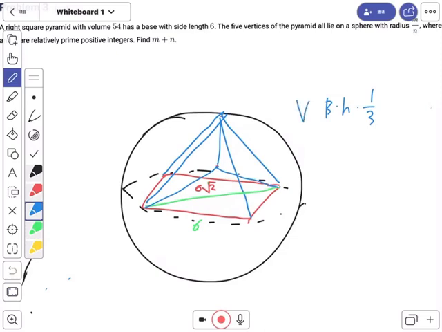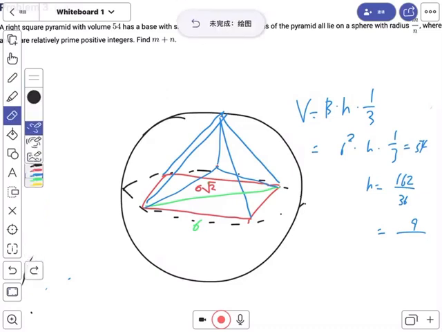That's equal to volume. So this one's just equal to 6 squared times h times 1/3. That is equal to 54. Now height is equal to 162 over 36, which is 9 over 2. Yeah. So the height is actually equal to 9 over 2.